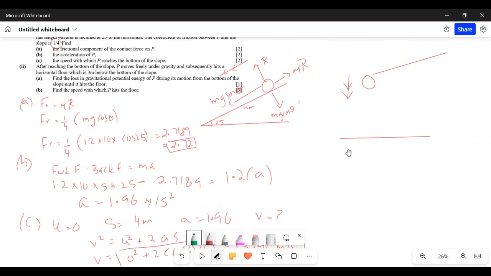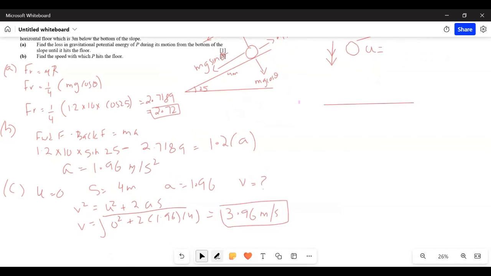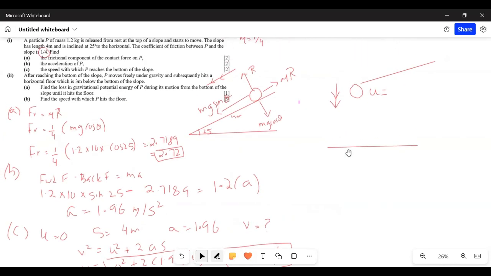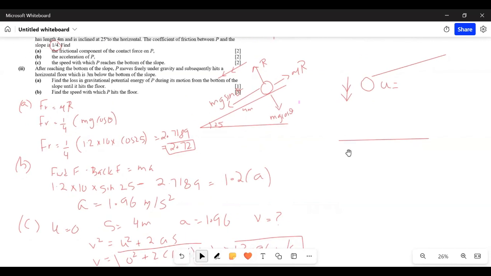So right before it falls, we have its initial speed, which is just calculated 3.96. Ideally, आपको unrounded value use करनी चाहिए, पर मेरे पास है नहीं, so I'm just using 3.96 जो पिछले part में हमने final speed निकाली है. अब वो initial speed होगी.